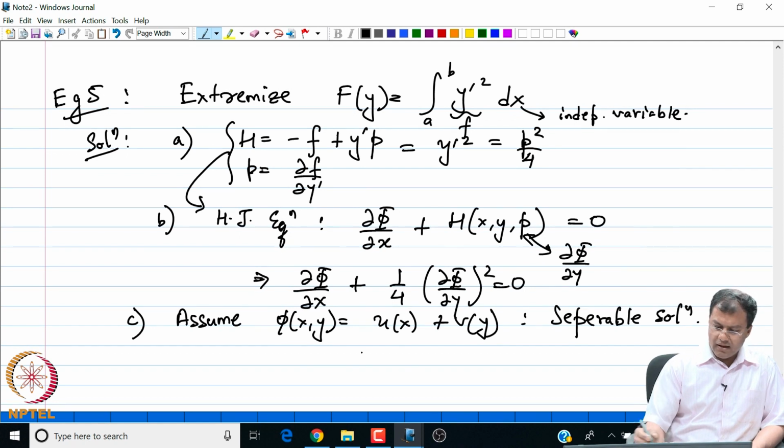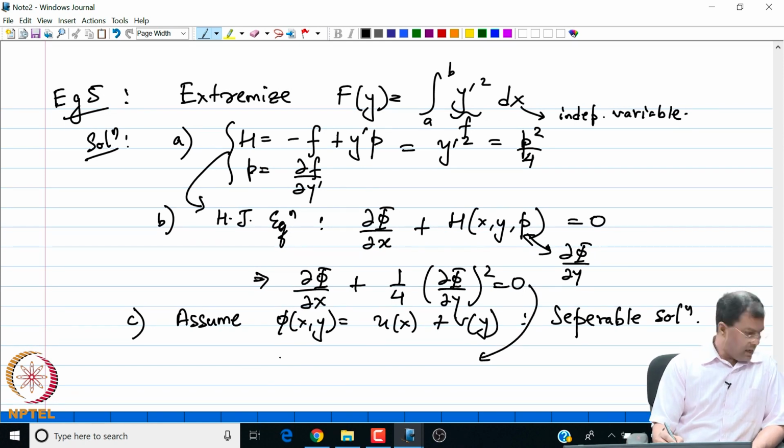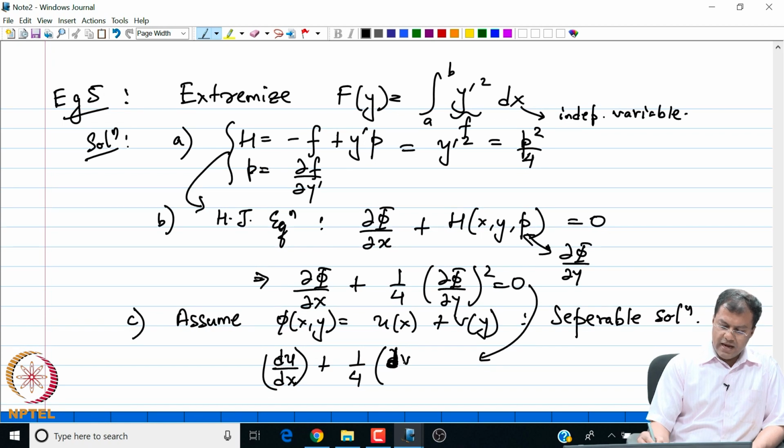So, this equation tells us that du dx plus 1/4 (dv dy) square is equal to 0, and from here I see that these two are equal to each other.